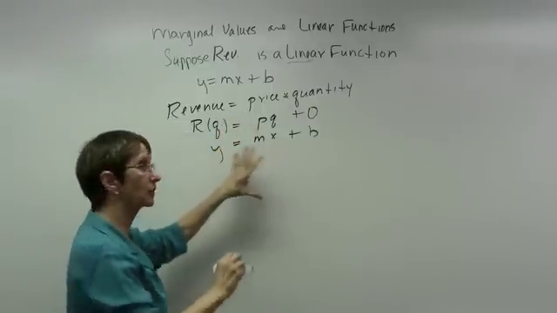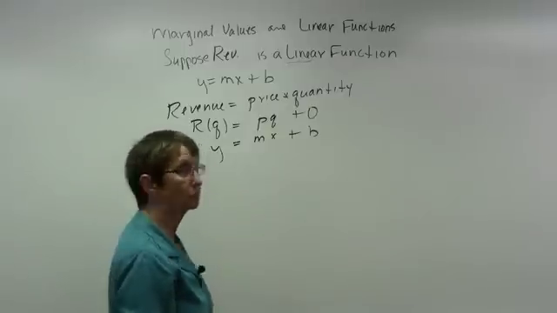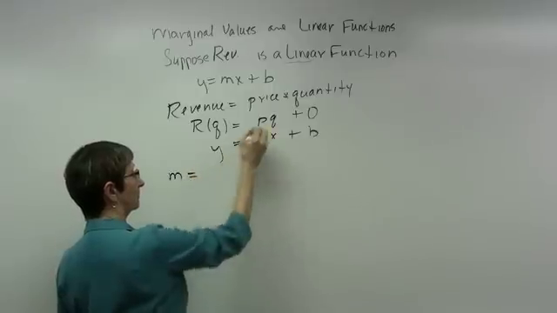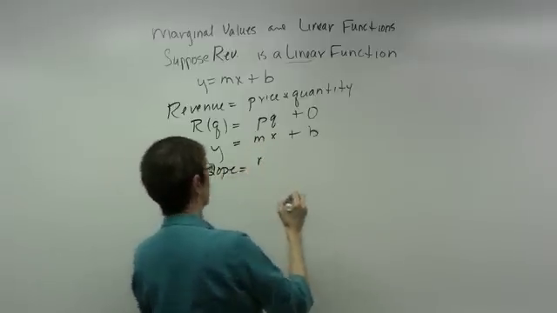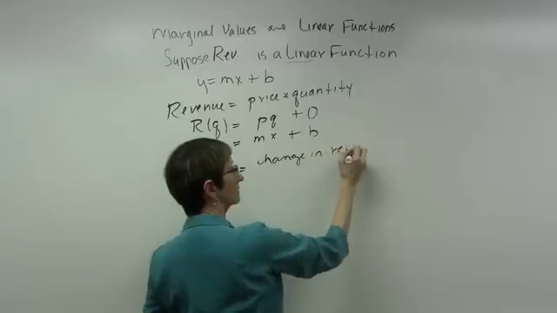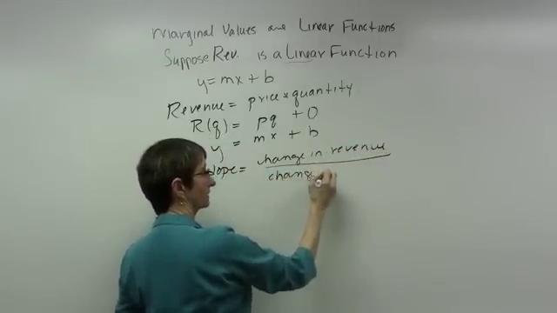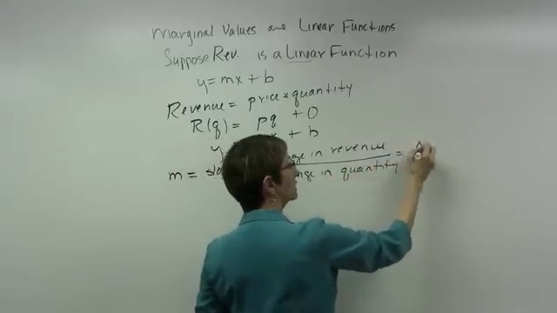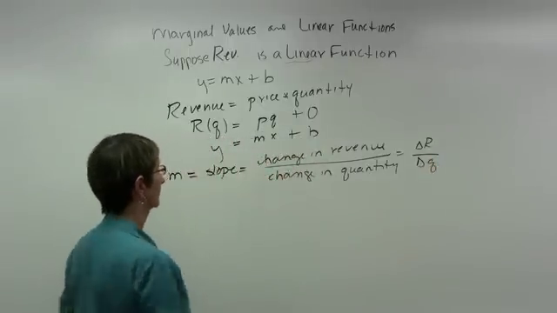So for a revenue function, marginal revenue is the rate of change of revenue with respect to quantity, so that the slope M is the change in revenue over the change in the quantity. Change in revenue per unit quantity is marginal revenue.